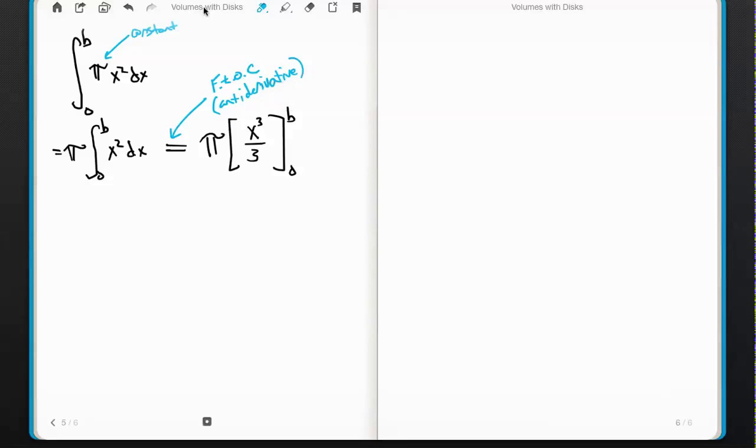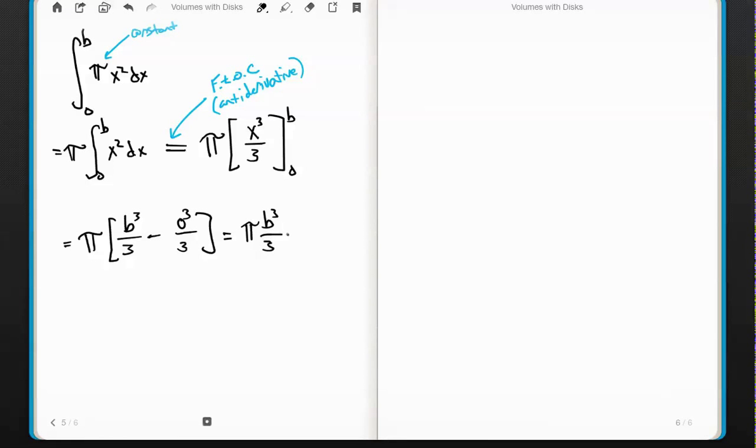And then we can substitute our limits in. So it becomes pi times b cubed over 3 minus 0 cubed over 3, which just works out to be pi times b cubed over 3.